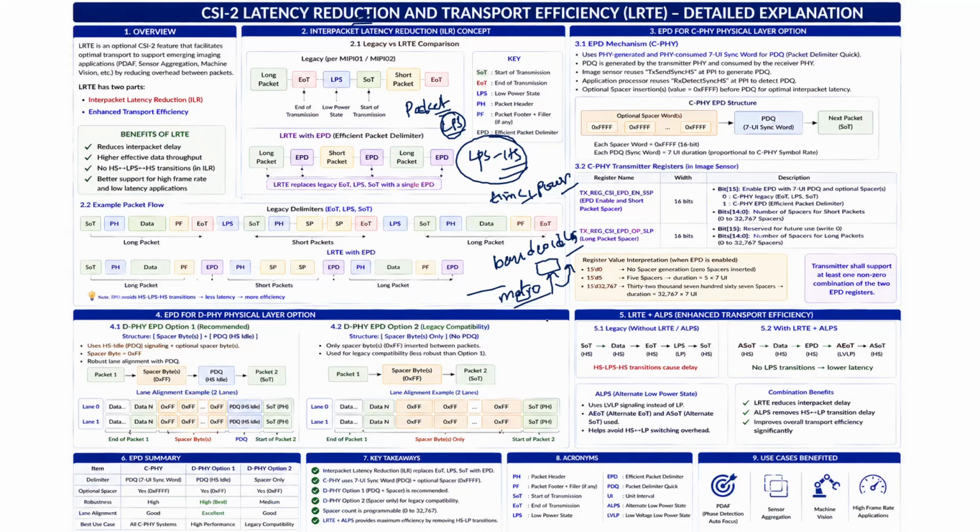So 1 minute or 2 minutes is wasted. Same thing here also, when one packet is transferred, while transferring the next packet, we go to that LPS state, the low power state, and again you go to the high power state.